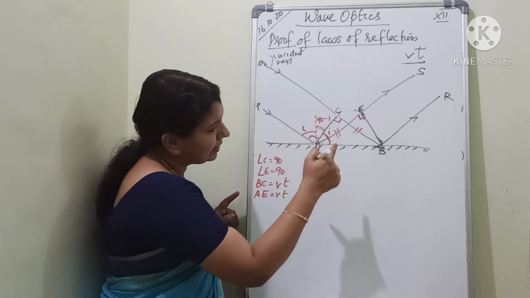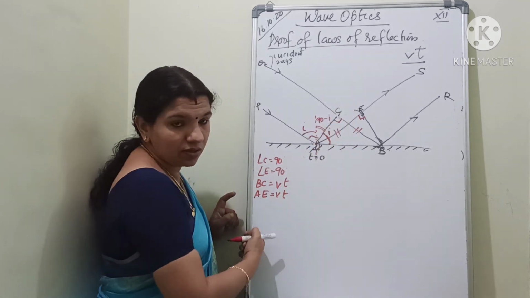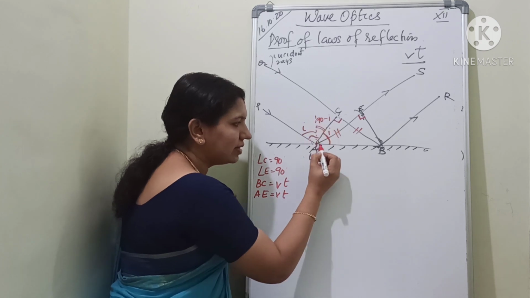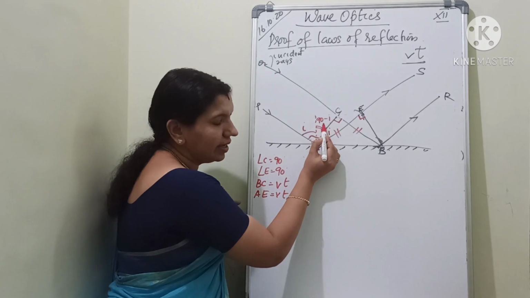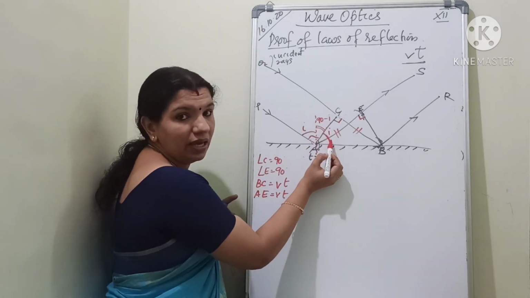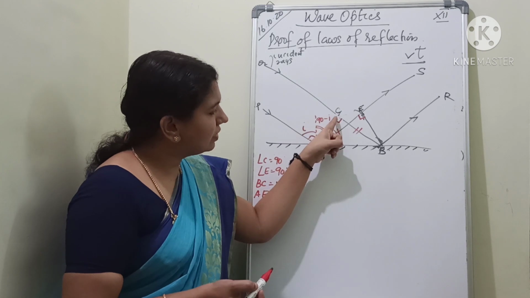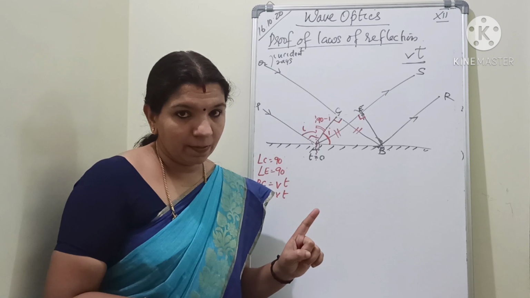Now I want to find the angle made by the wavefront with the surface. For that, again, this normal and this surface is 90, right? So I got 90 minus I here. So the remaining will be I. So what about the angle? Yes, the angle made by the wavefront with the surface is also I. Clear?